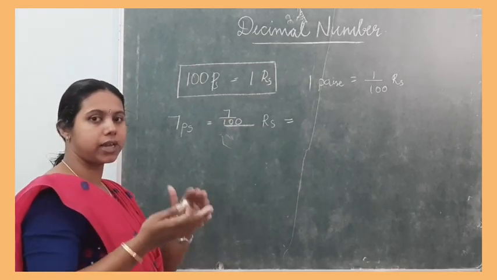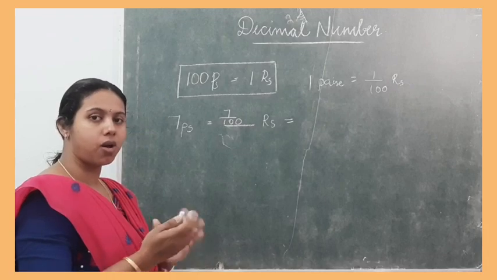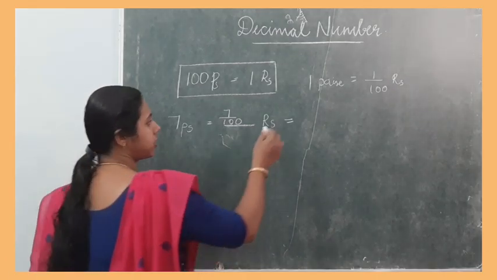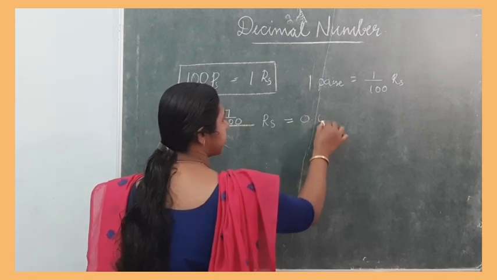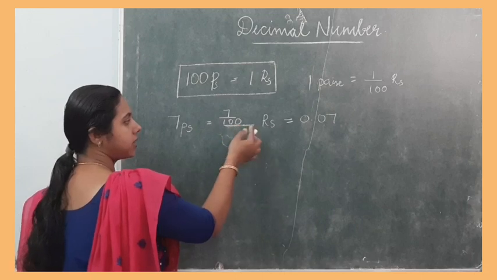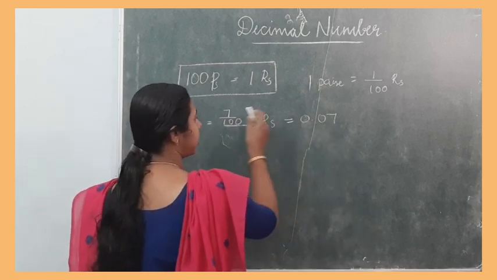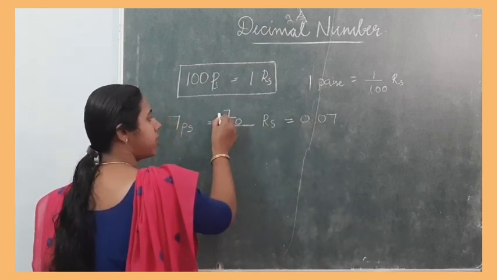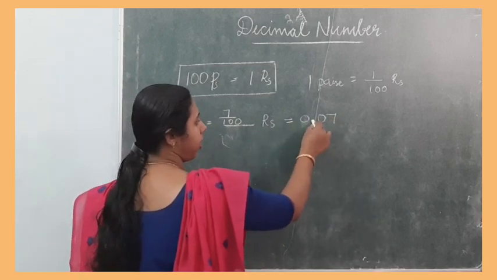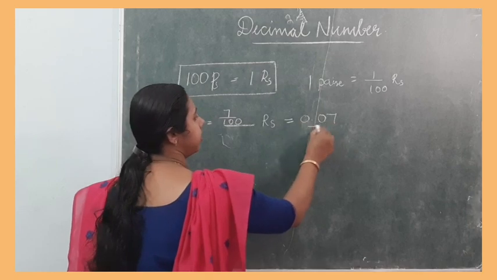There are 2 zeros, so you have to put 2 decimal places in the answer. So 0.07. Here there is only one digit, and for one more decimal place there is no number, so you should put 0. So 0.07.